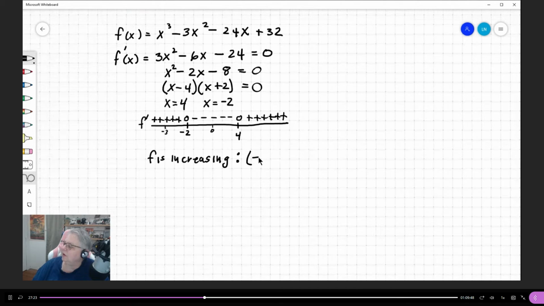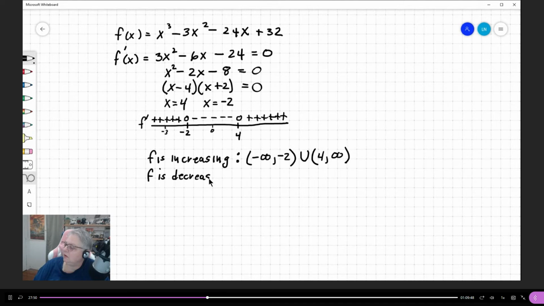That is from negative infinity up to, but not including, negative 2, because at negative 2 it's 0. And then also from 4, but not including 4, because at 4 it's 0, to positive infinity. That's where the function's increasing. F is decreasing anywhere the first derivative is negative, so that's in between these two, between negative 2 and 4.